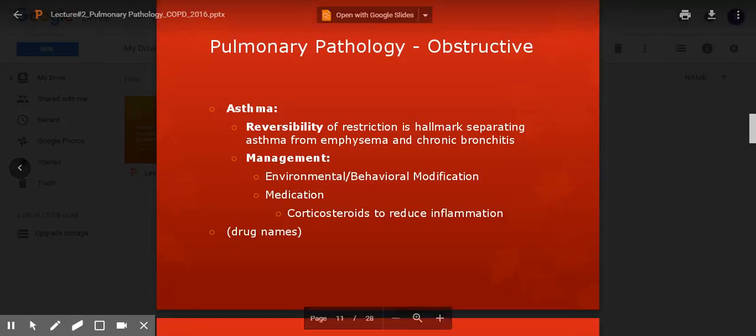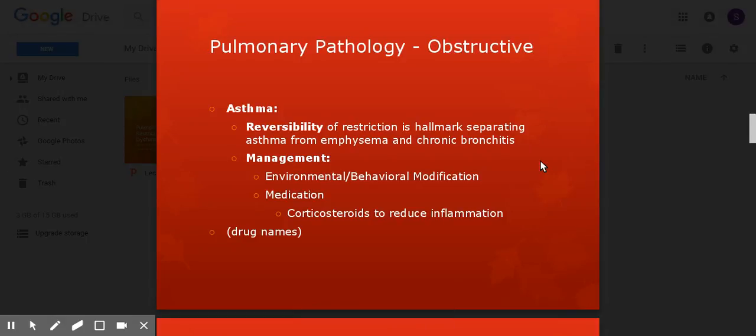So again, we started to talk about this a few minutes ago. The hallmark diagnosis of asthma, as opposed to other forms of obstructive lung disease, is the fact that asthma is reversible. And we'll talk about the reversibility percent with a bronchodilator.